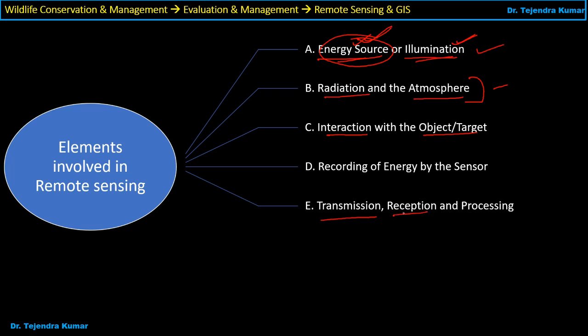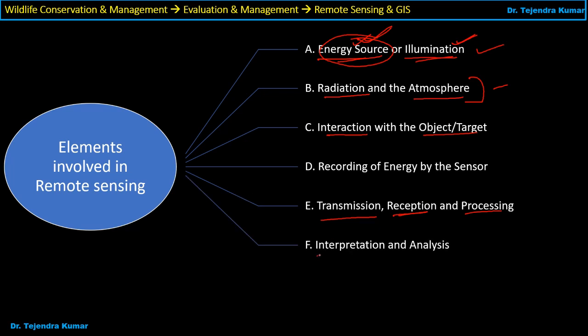Receiving this energy is called reception, and then this complete information is sent to the monitors or computers or digital apparatus which are able to process it, making the images.